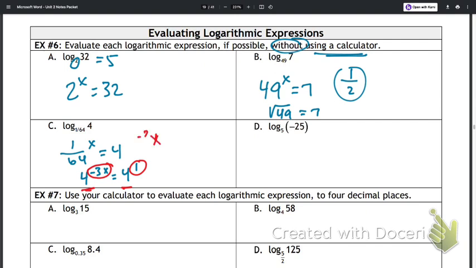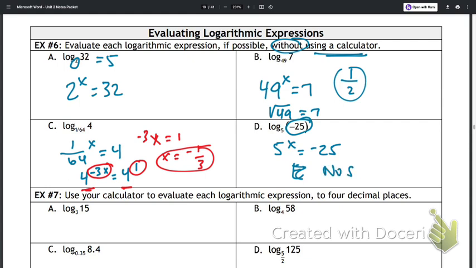So negative 3x equals 1, which means x equals negative 1/3. On the next one, we're thinking, what power do I raise 5 to get negative 25? Well, this is going to give me another error message because I can't have a negative inside of a log function. So I guess I should just say no solution there. I was about to say error, but that's really no solution.